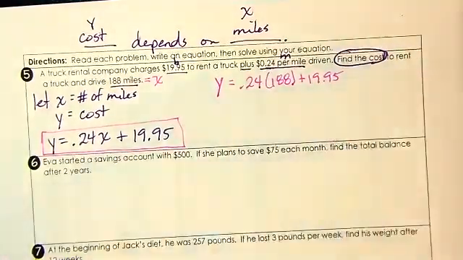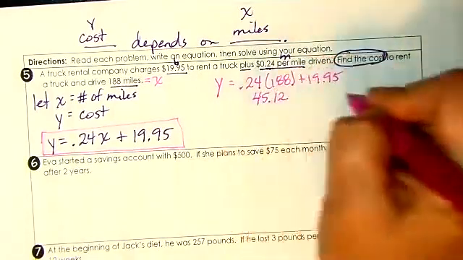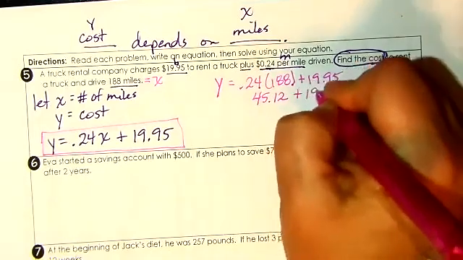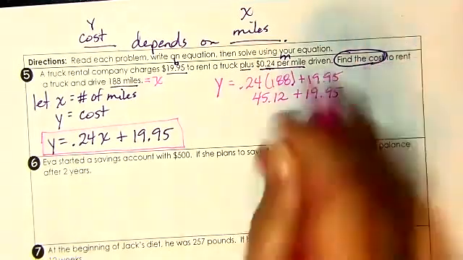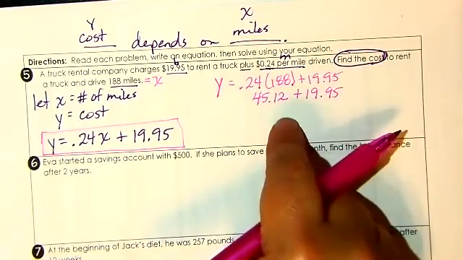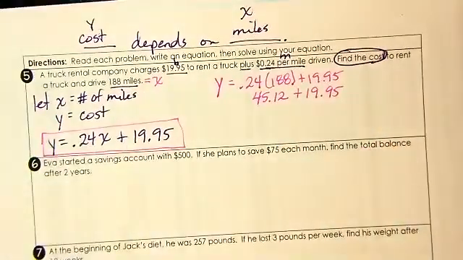So you have to have this equation and then plug it in and simplify. So I've got to do the 188 times 0.24, which gives me 45.12. And more than likely, you're going to be using your calculators for this. So I'll make sure that you understand the other information. But you have to write down every step. Okay, you type it, you write it. I'm sorry, you write it before you type it. So now I'm going to type this into the calculator.